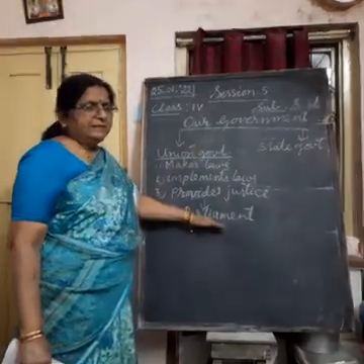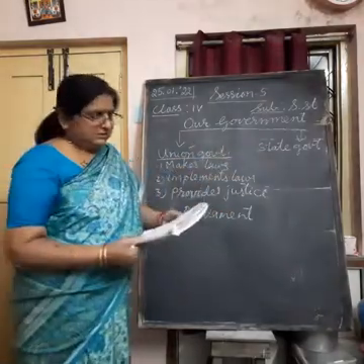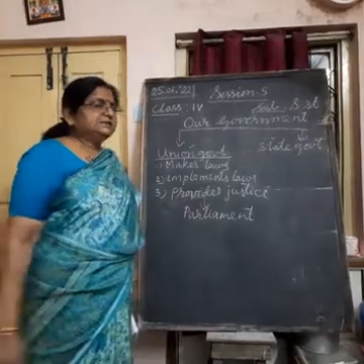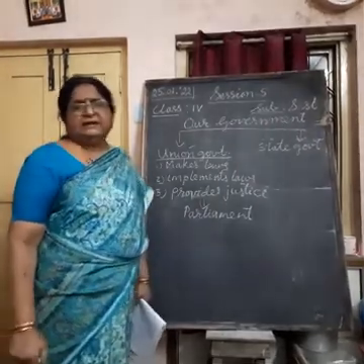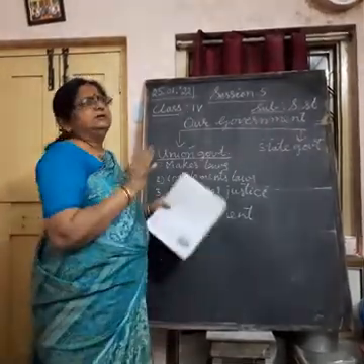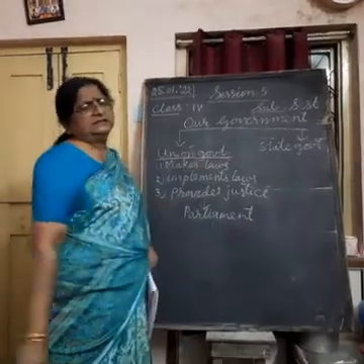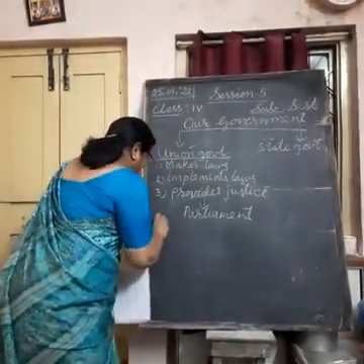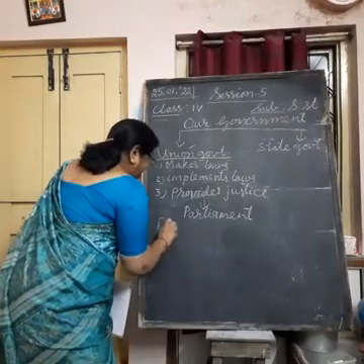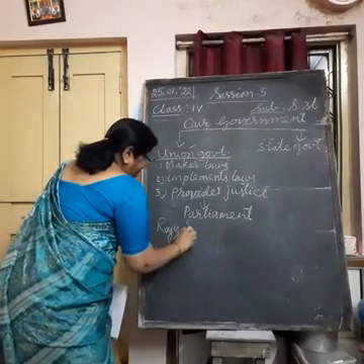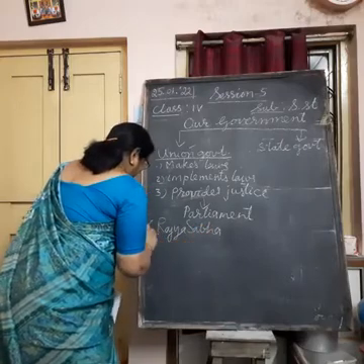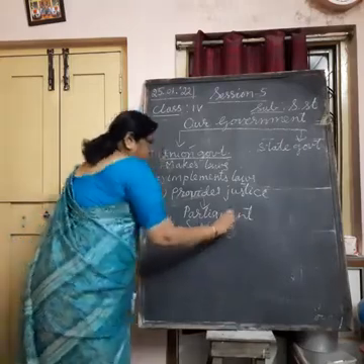This Parliament works under three levels, three units, three wings. As in our school we have primary wing and high school wing, means parts, I can say. It works in three parts. They are Rajya Sabha, first one. Second one, Lok Sabha.